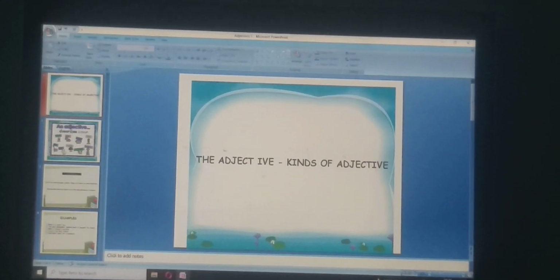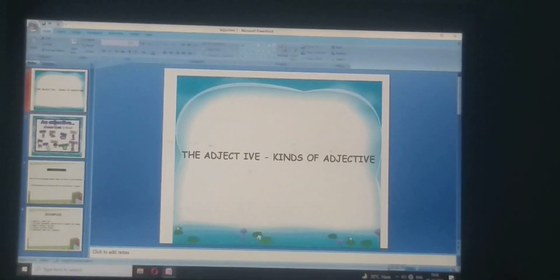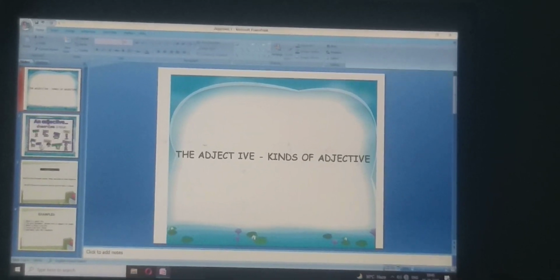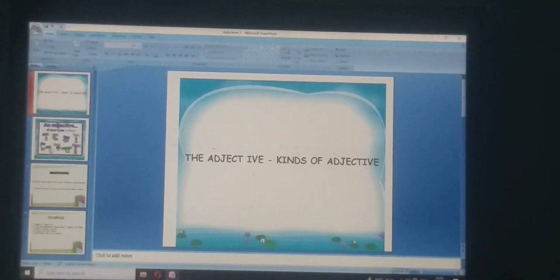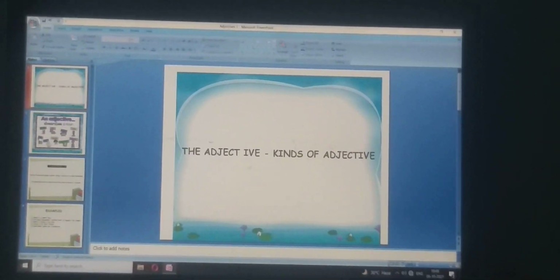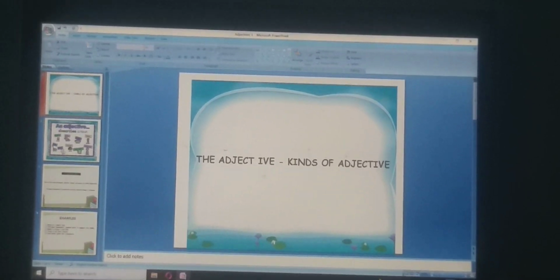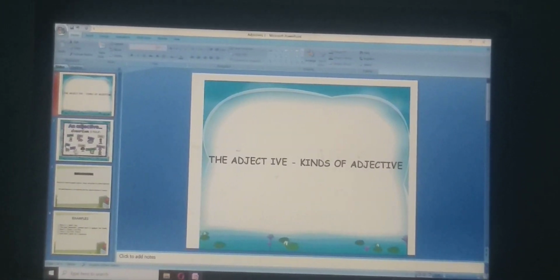All these words were giving hints about the tomato. And what is a tomato here? Tomato is a noun. So all those words which tell us something about a noun, which is tomato in this case, are called adjectives.